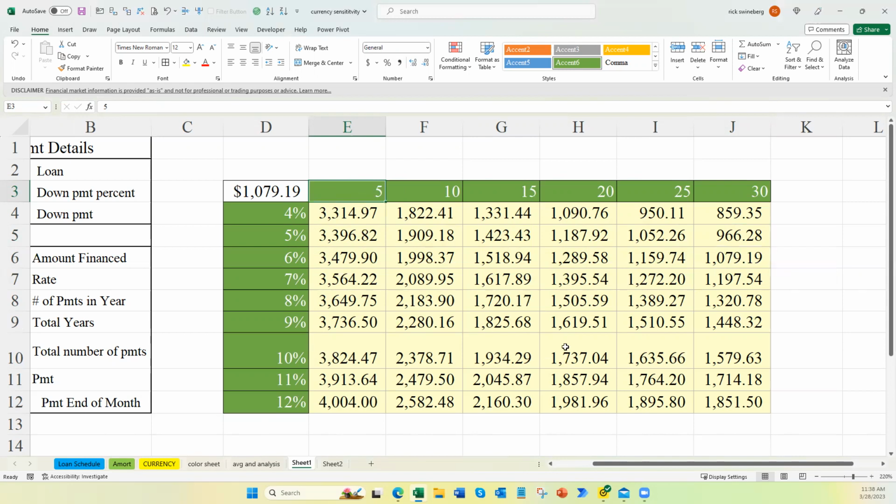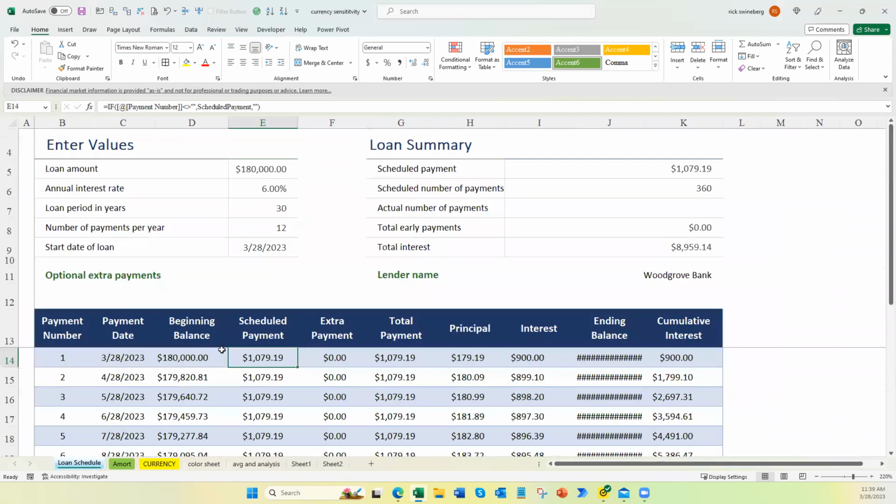But this is just a rough sensitivity analysis of percent over years. That way you can look at it from a bird's eye view. Because of course, with loan amortization schedules, you would have to pump in different percentages and all that to be able to really do analysis.